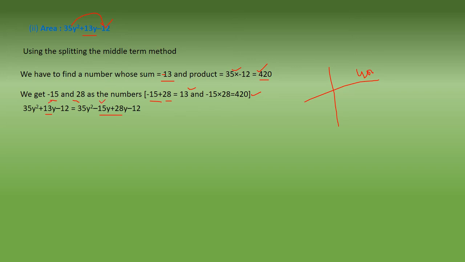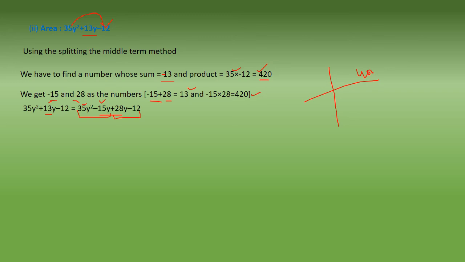So let us make the factors by taking these two terms together and these two terms together. What we have to do is take common. 35 and 15 come in the table of 5, so we will take 5 as common. And what else can we take common? We can take y as common because both terms have y. So we take 5y common here.